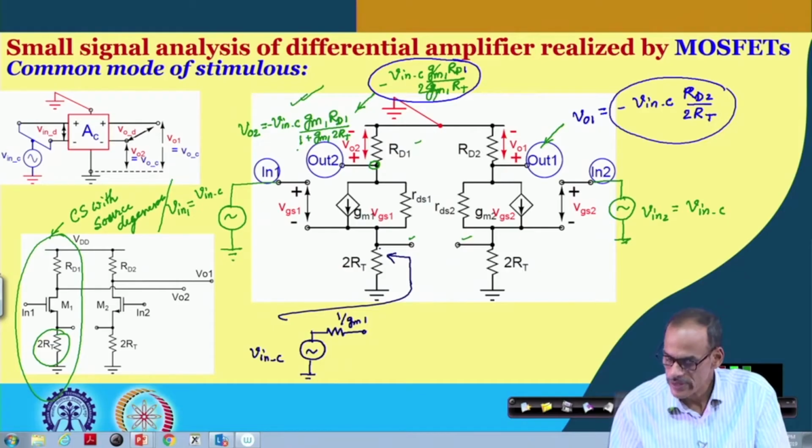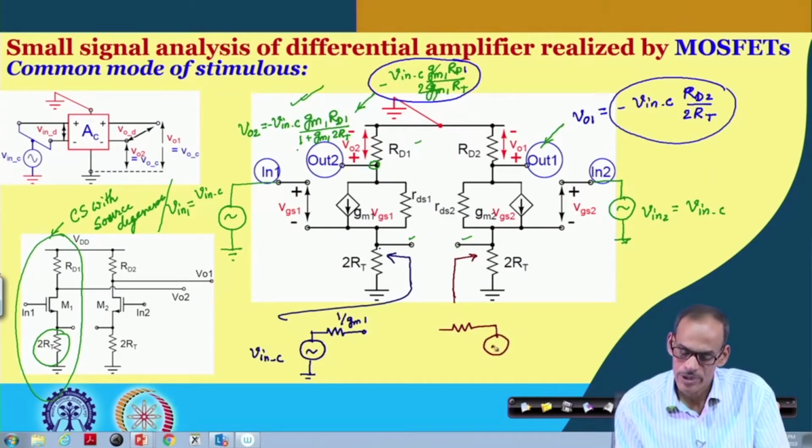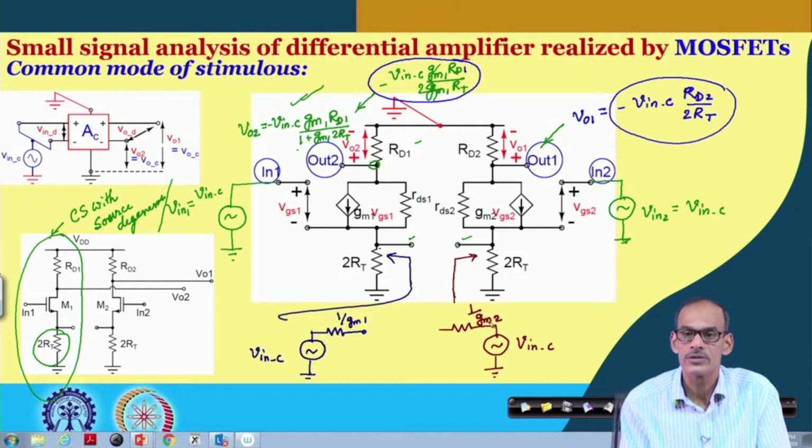Likewise, if I consider the other side, we get a similar equivalent circuit, namely the signal source close to V in C, and then a Thevenin equivalent resistance of 1 by gm2.